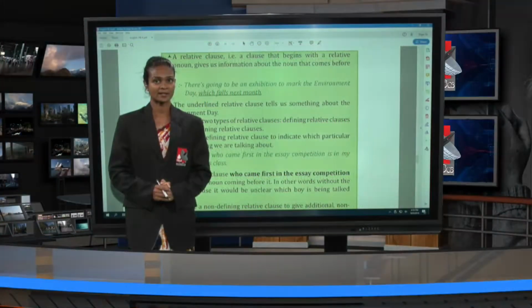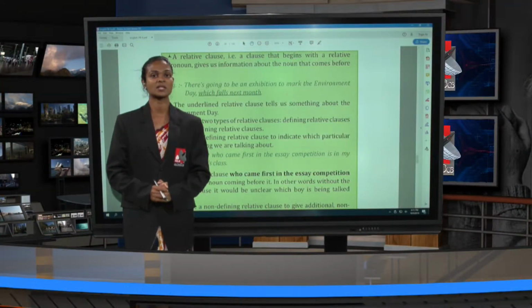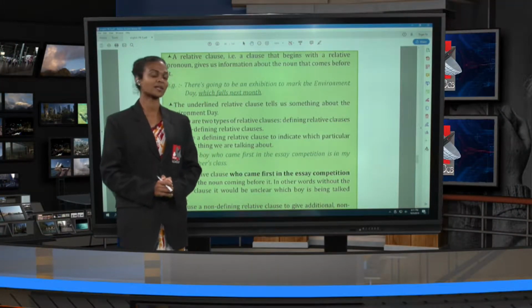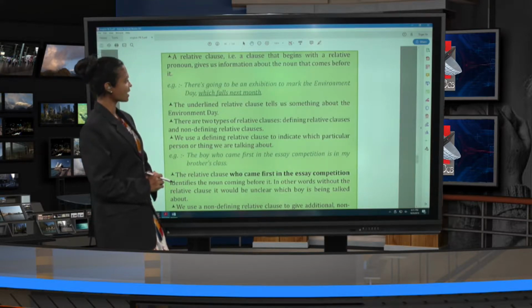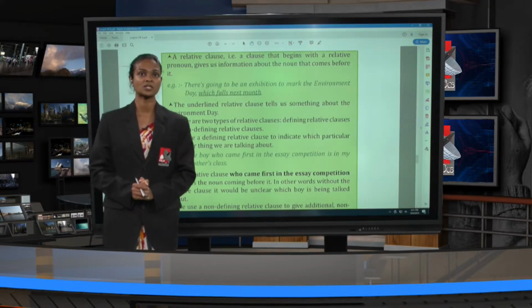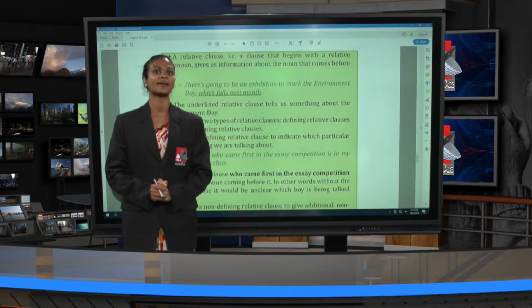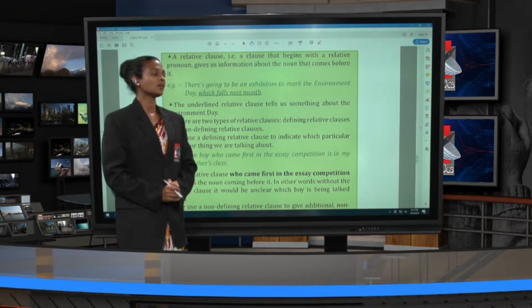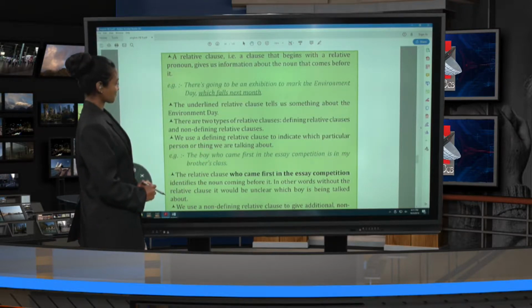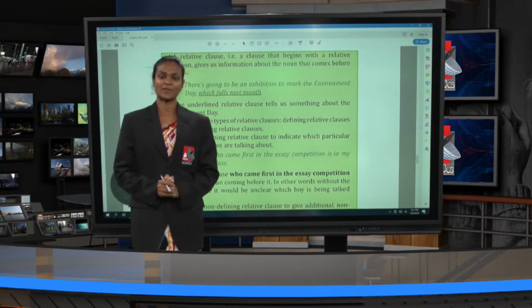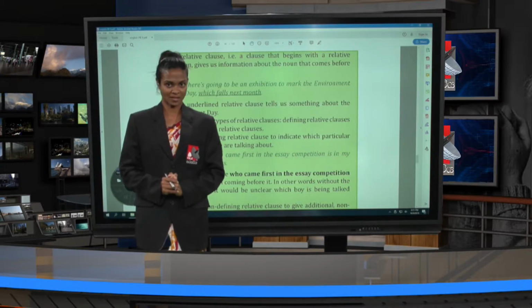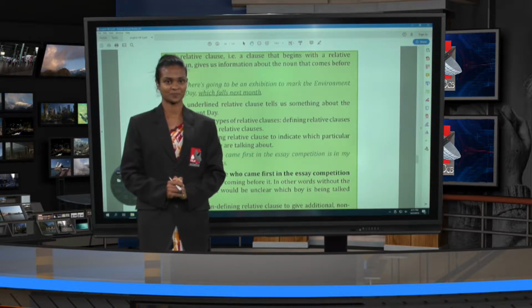The noun the environment day is described here using the relative pronoun which and the relative clause which falls next month. Alright. I think you can remember the last lesson well. Now we are moving to a small activity.